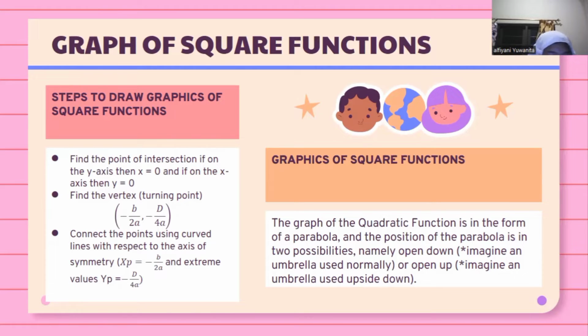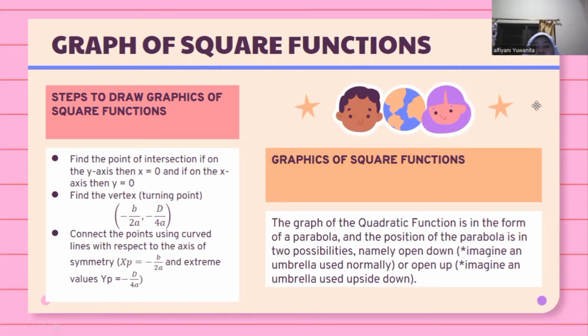We can find it with the formula: minus b divided by 2a, comma, minus D or discriminant divided by 4a. Number 3, connect the points using a curved line with respect to the axis of symmetry. xp equals minus b divided by 2a, and the extreme value yp equals minus D or discriminant divided by 4a.